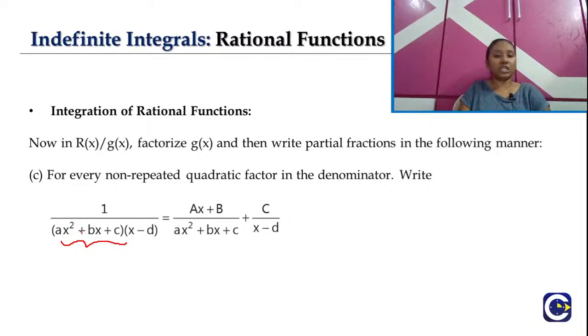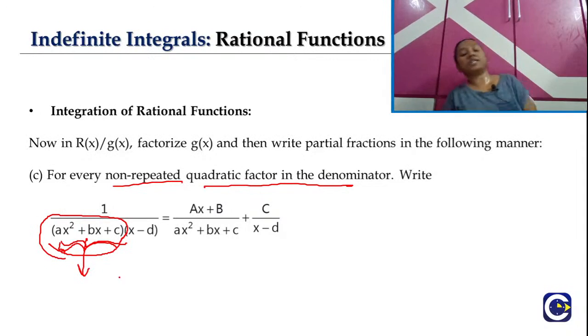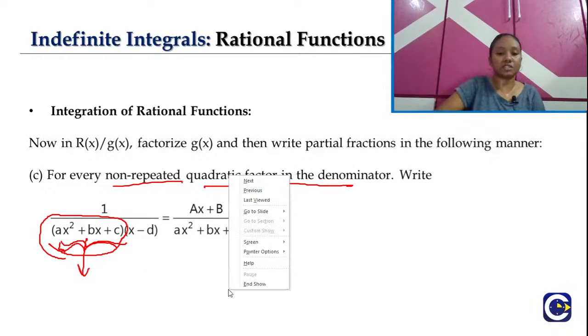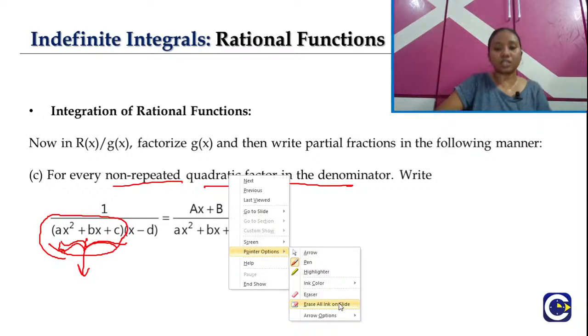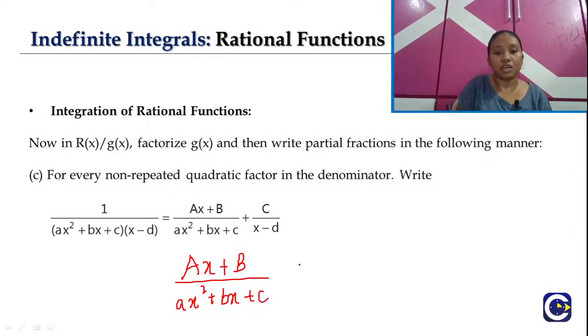If I have an integral such that 1 by (ax square plus bx plus c) whole into (x minus d), that means in my denominator I have a non-repeated quadratic factor. You can observe it is a quadratic factor and it is not repeating. Then I will rewrite the given rational function as (Ax plus B) by the quadratic factor ax square plus bx plus c, plus capital C by our linear factor x minus d.